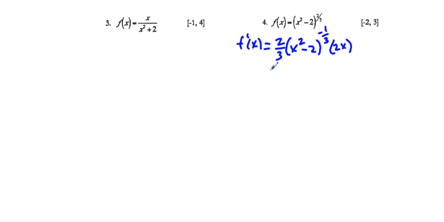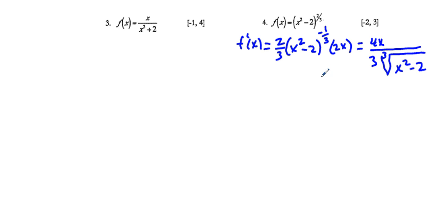And combining, we're going to have 2x times 2, we'll have 4x over 3 times the cube root of x squared minus 2. This is going to be our first derivative.